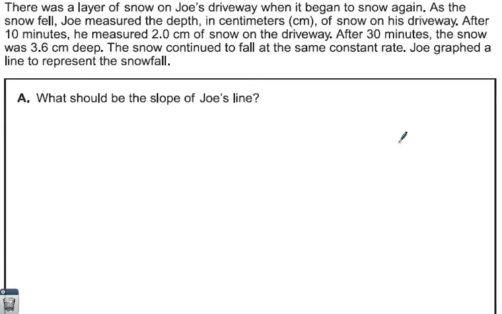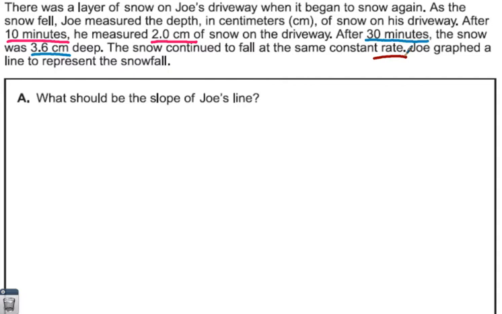This one talks about a driveway where it is snowing, and they make it a point to say that after 10 minutes, Joe had measured 2.0 centimeters of snow, and after 30 minutes, there was 3.6 centimeters of snow, and the snow continued to fall at the same constant rate. And then Joe graphed a line to represent the snowfall.